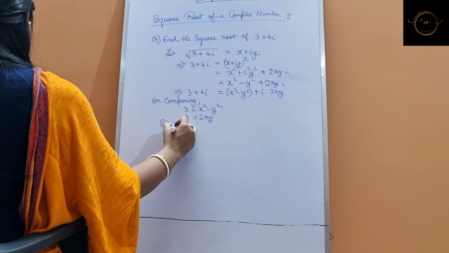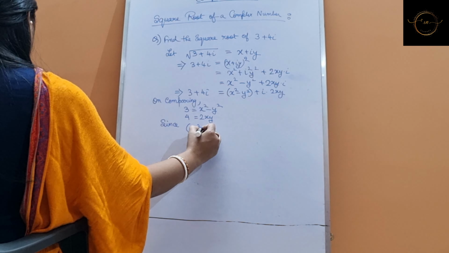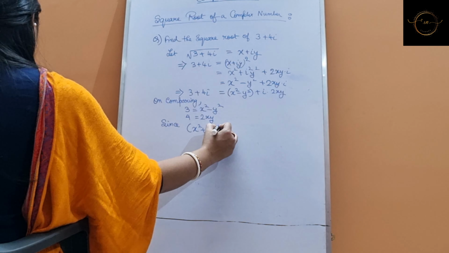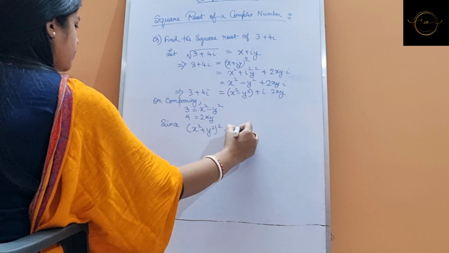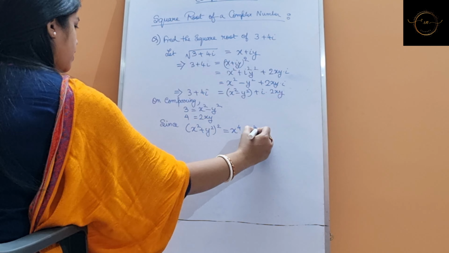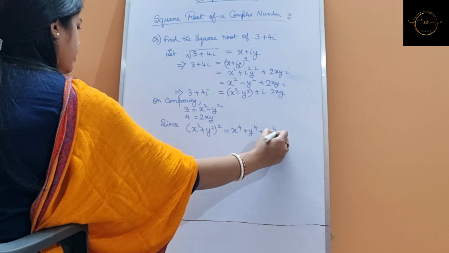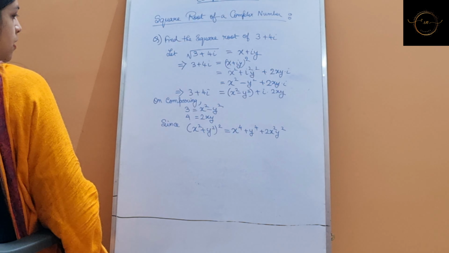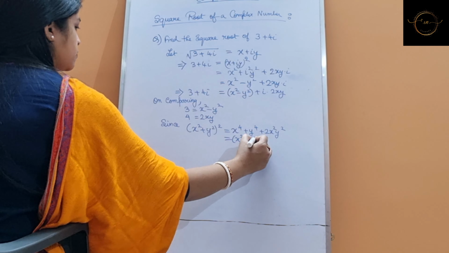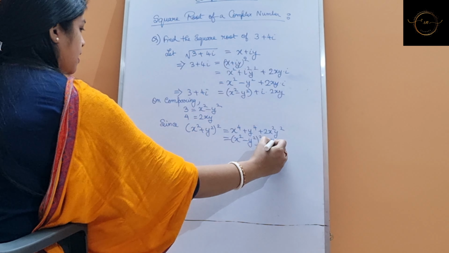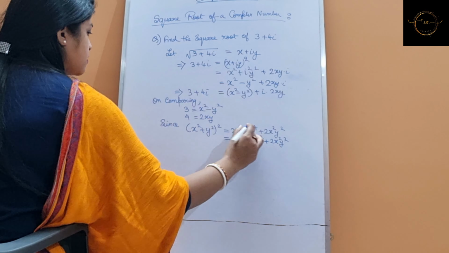Now from the algebraic identity, we know that (x square plus y square) whole square is equal to x to the power 4 plus y to the power 4 plus 2x square y square. Now this can be written as (x square minus y square) whole square plus 4x square y square.